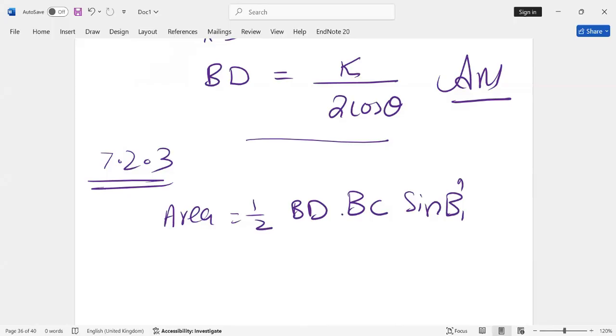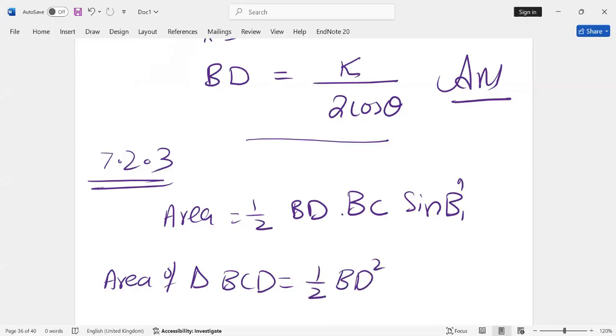And I'm writing over here, area of triangle BCD equals 1 by 2 BD square sine into 180 minus 2 theta. Okay, 180 degree minus 2 theta.